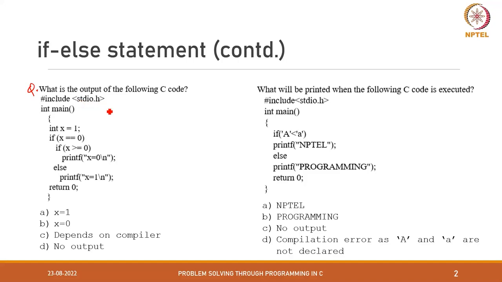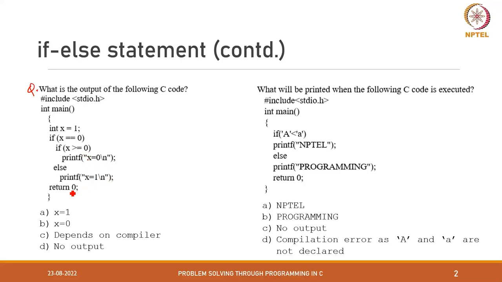There is a function here with an integer variable x which is set to 1, and then we have the condition, if x is equal to 0, then it will execute something, and inside that we have, if x is greater than or equal to 0, then it will print something, else it will print something else, and it will return 0.